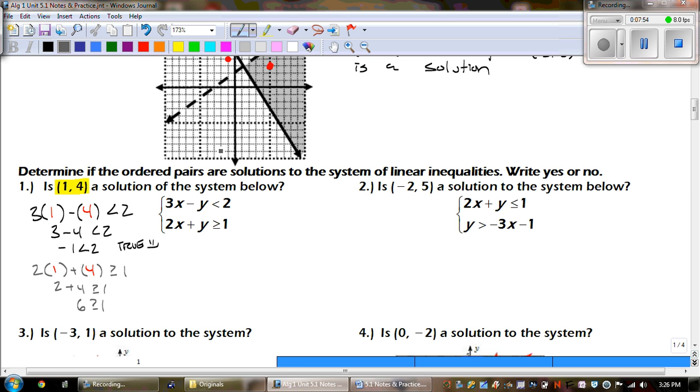Is 6 greater than or equal to 1? Yep. So we have two trues. That means my final answer, is it a solution? Yes. So, just plugging in. Try number 2 by yourself. Go ahead and pause the video and good luck.